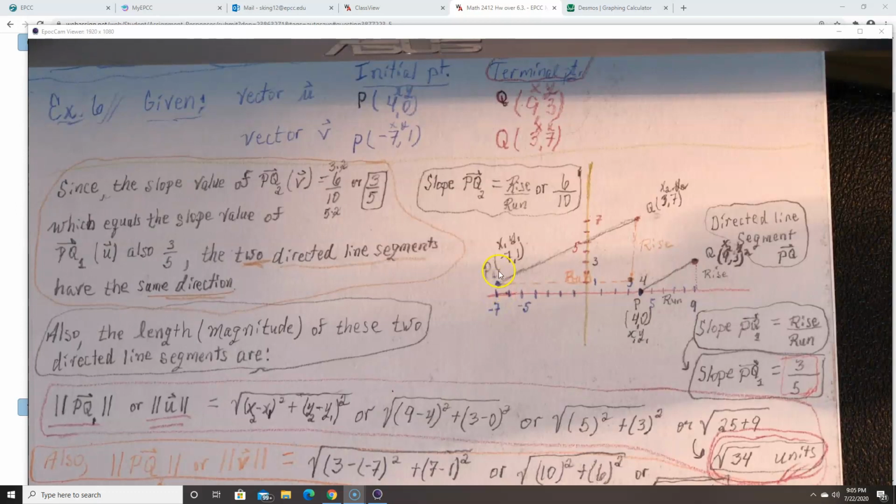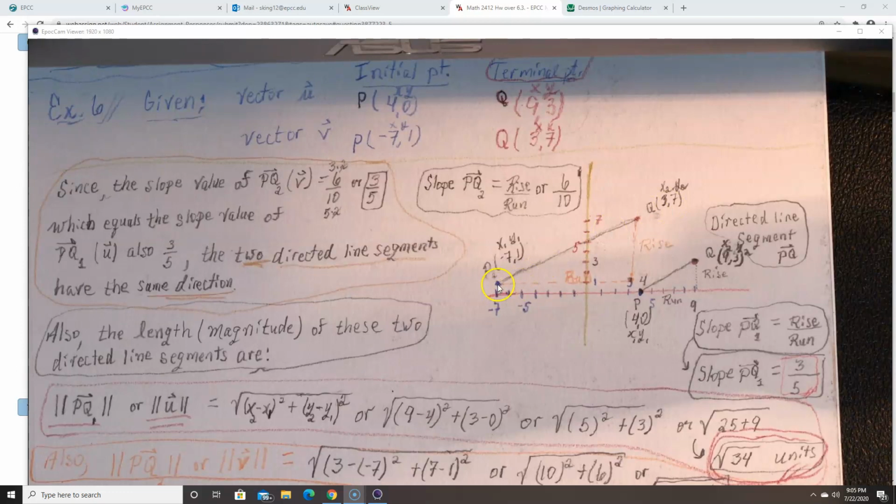So there's the initial point, (-7, 1). The terminal point Q is (3, 7): positive 3 on the x-axis, and then up 7 in the y direction. And so here's point Q, (3, 7).